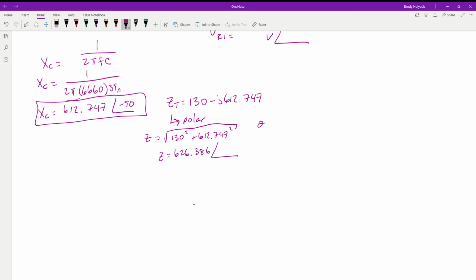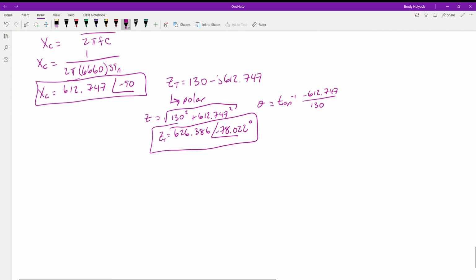And to find theta, the arctangent of negative 612.747 divided by 130, and that angle comes out to be negative 78.022 degrees. So there's our impedance total.